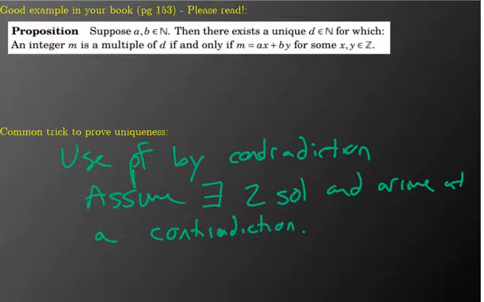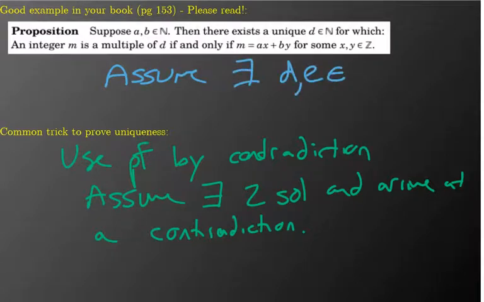So for example, if I took this problem, to show that there exists a unique natural number d that blah, blah, blah happens, a common way that we might try this is we would assume there exist d and, I don't know, e in the natural numbers such that blah, blah, blah.